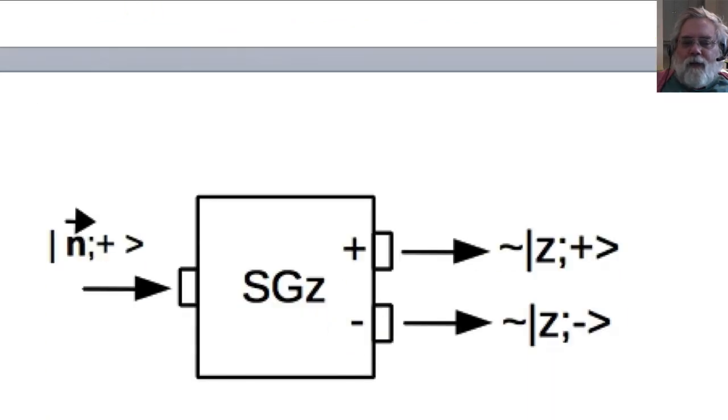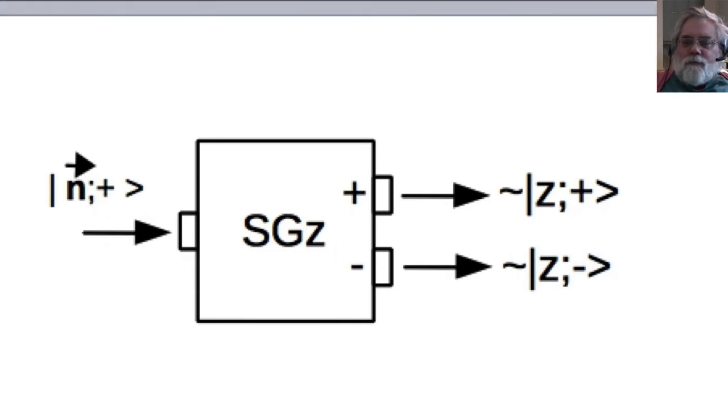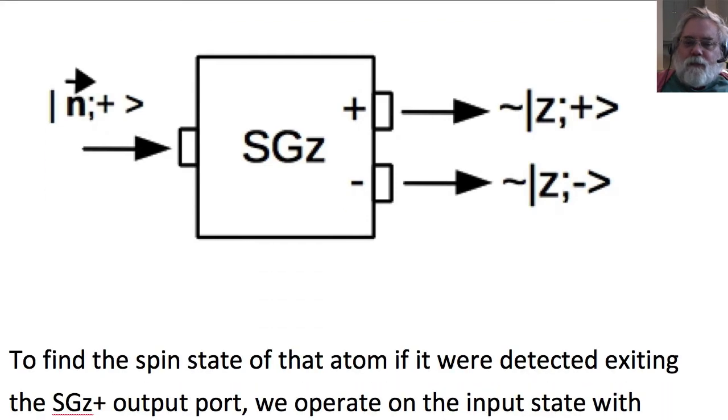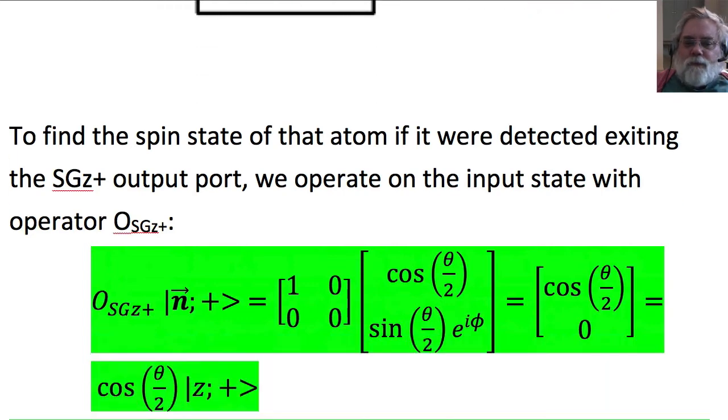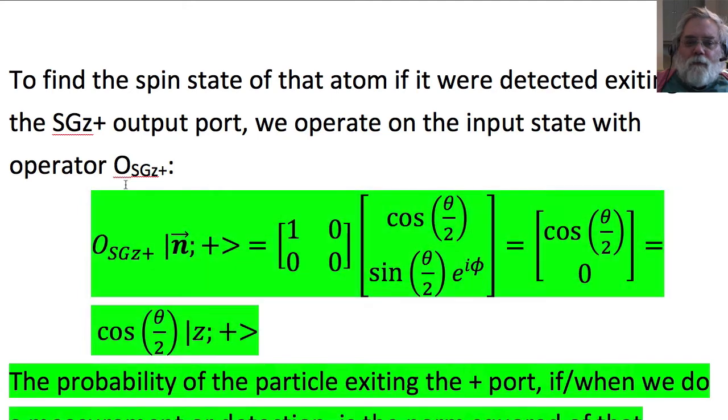We're going to feed that into an abstract SGZ machine, and we want to know what the state is going to be at the plus output port and what the state is going to be at the minus output port. To find the spin state of that atom, if it were detected exiting the SGZ plus output port, we operate on the input state with the operator SGZ plus, which we've previously worked out.